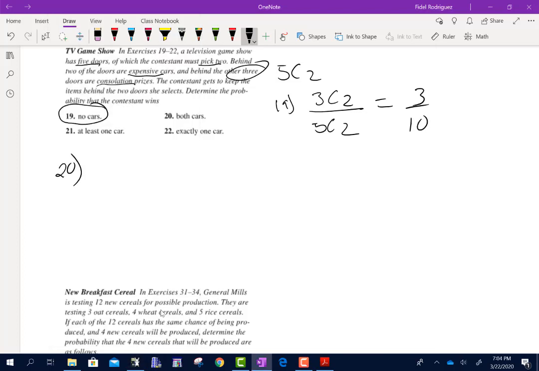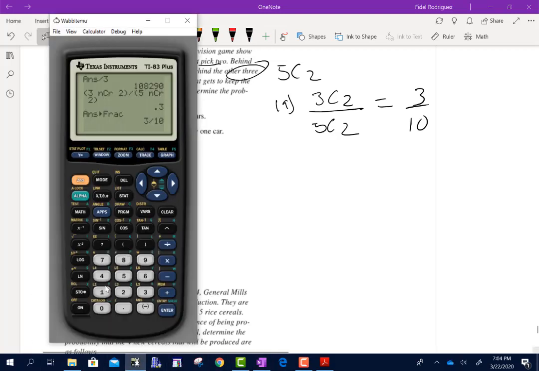Okay. So 20. 20 says both cars. Well, we want both of them to be cars. So 2 of the doors have expensive cars. So 2 choose 2 out of 5 choose 2. Okay. So let me grab my calculator again.